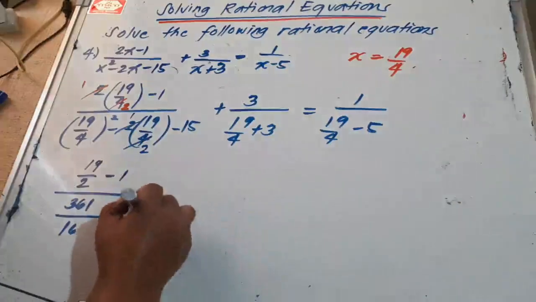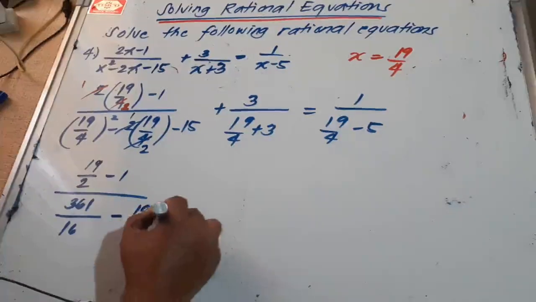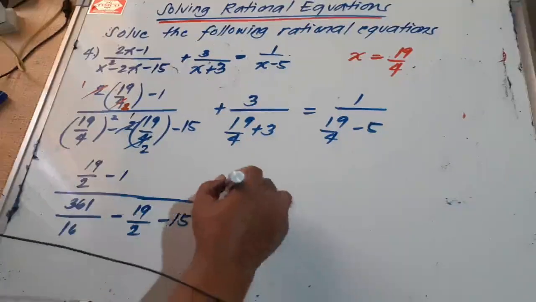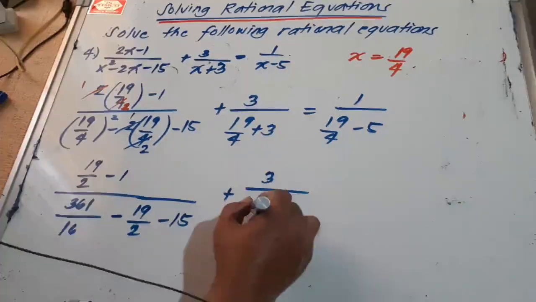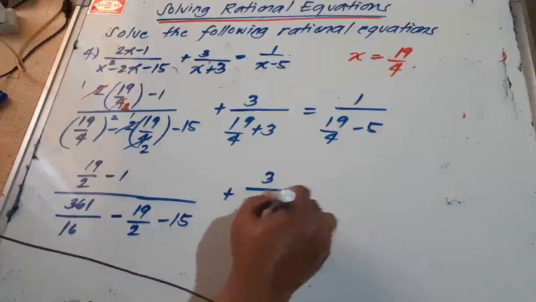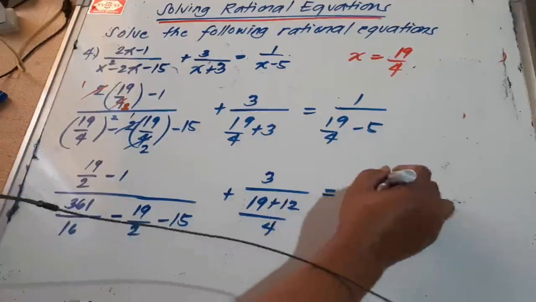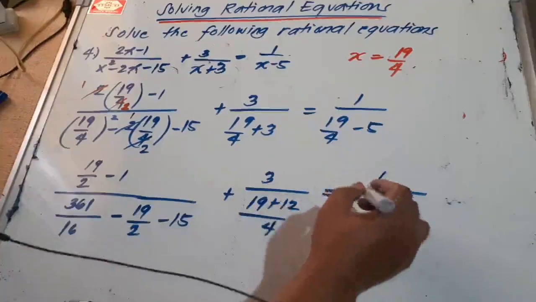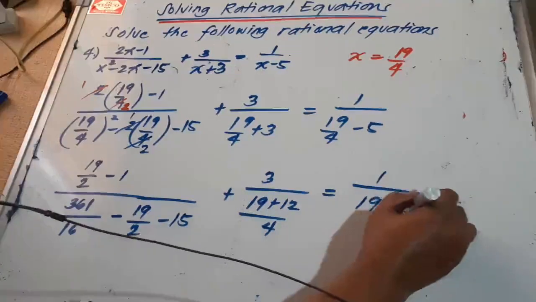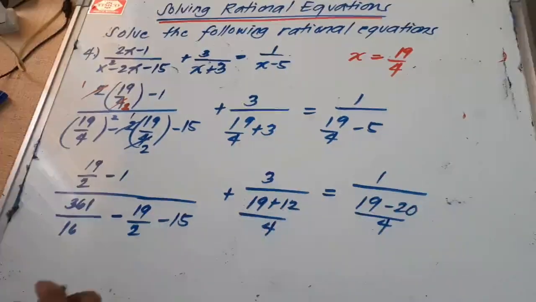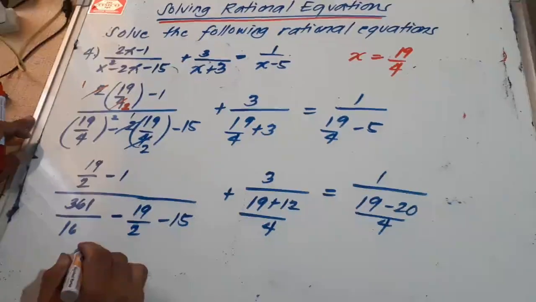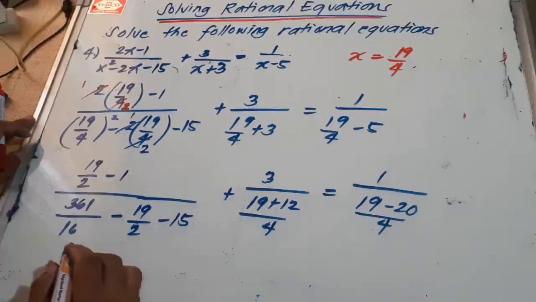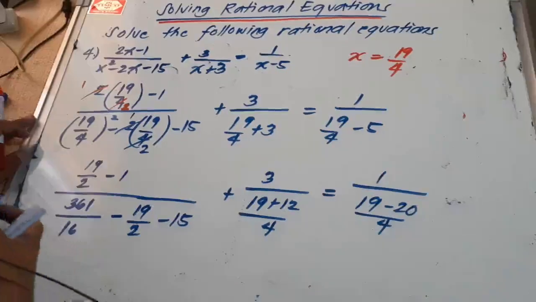We have 2 here, 19 over 2. Minus 15. Plus 3 over 4 times 3 is 12. So 19 plus 12 over 4 equals 1 over 4 times 5 is 20. So 19 minus 20 over 4. Okay. Next. Then we have 2 times 1 is 2. So that will be 19 minus 2. Okay. Hindi na kasya. Buburahin ko ito.